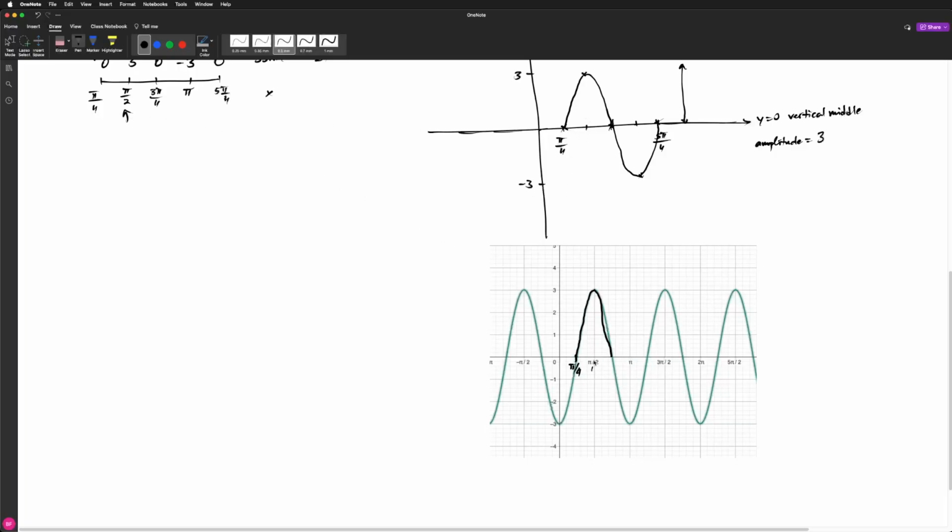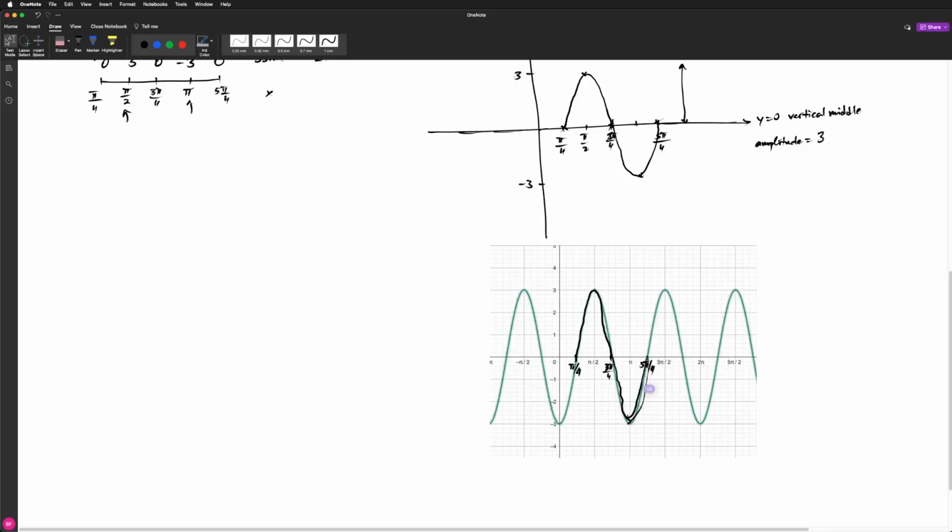I have my local maximum there, and then 3 pi over 4 is the next 0, and then I go down. At pi, I hit a local minimum, and I go up again, and this number is 5 pi over 4, and this is the answer.